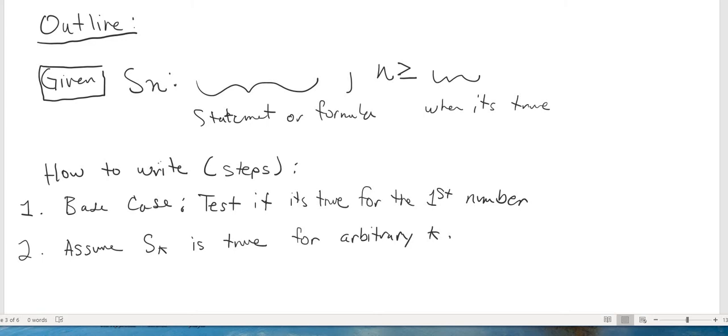And then number 3. So I know this sounds kind of weird, but when we do it, it'll make more sense. Number 3, use Sk to establish Sk plus 1.